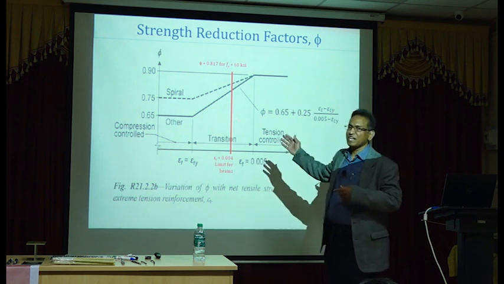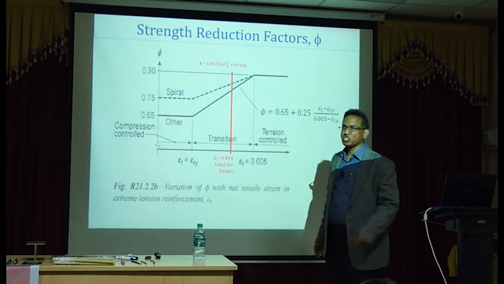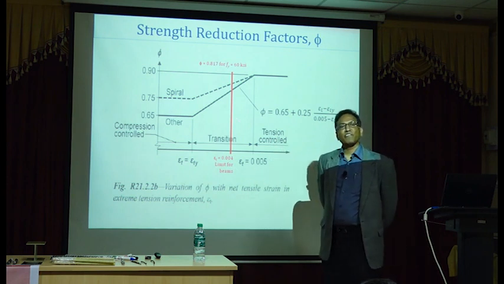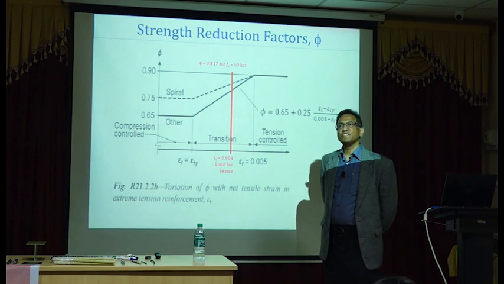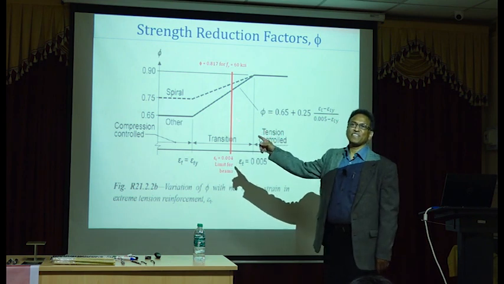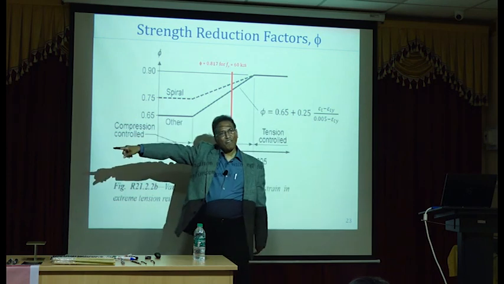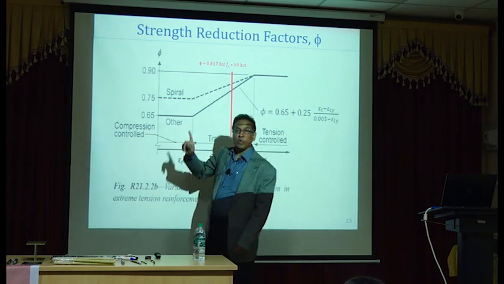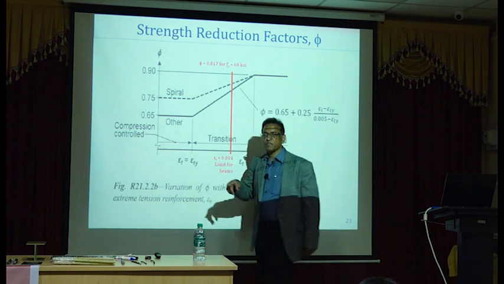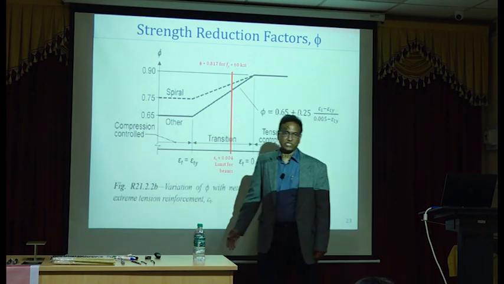I haven't even presented anything on FRP beam design yet, but I'll ask you a question. What would be the phi factor for FRP reinforced beams if it is an over-reinforced condition? 0.65, right? That's the basis for the phi factor. So this 0.65 is what we will use in FRP reinforced design for an over-reinforced condition. For an under-reinforced condition, we'll use 0.55, which is even smaller than 0.65.